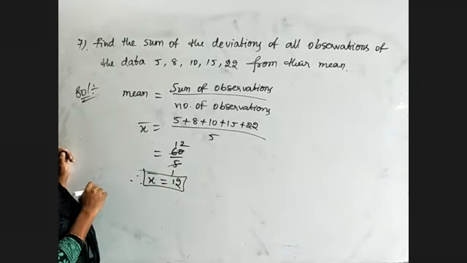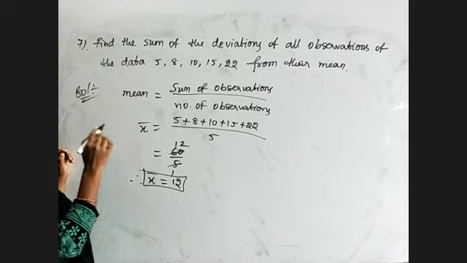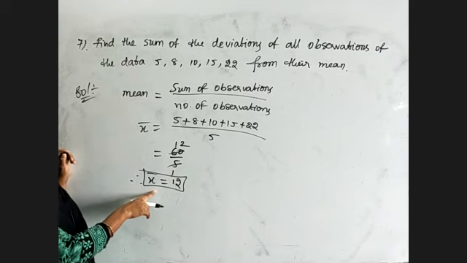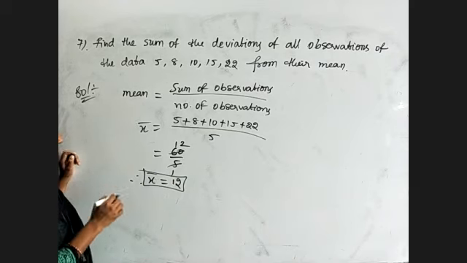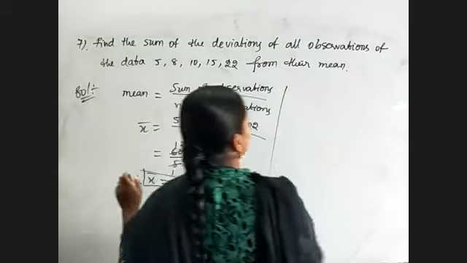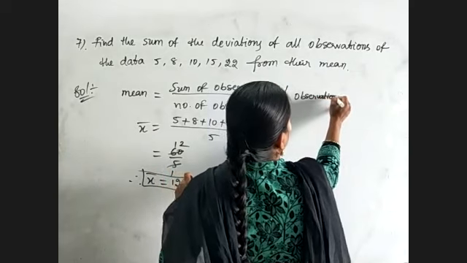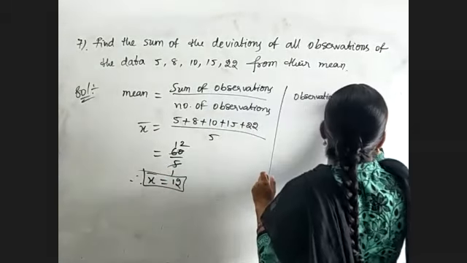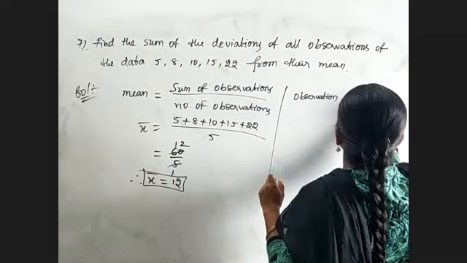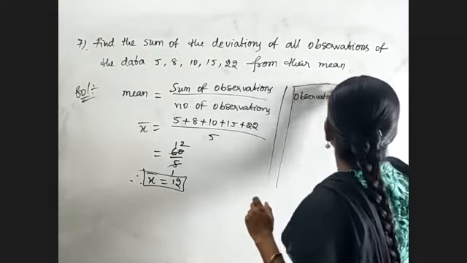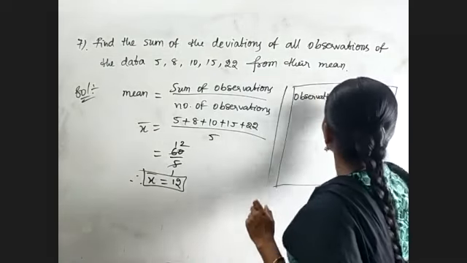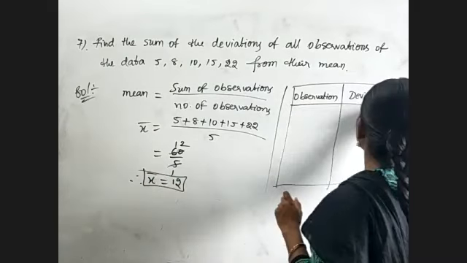Okay. Now find out the deviations of each observation from their mean. Therefore, here I am writing observation and its deviation. Here 5 observations are given.